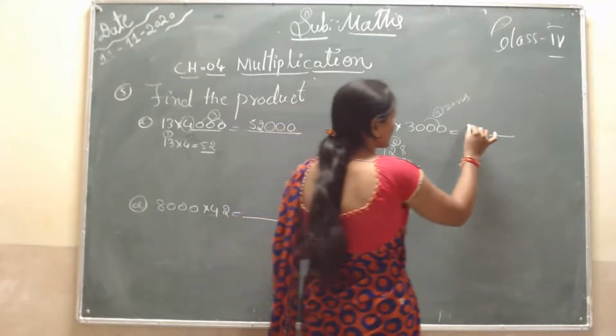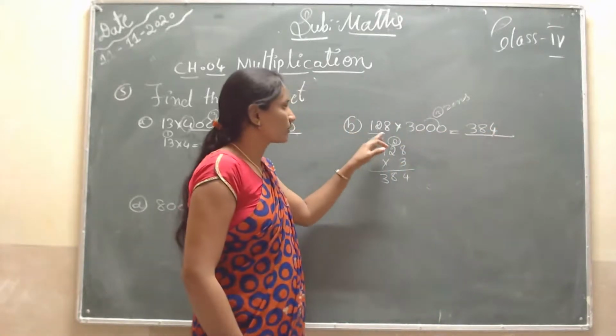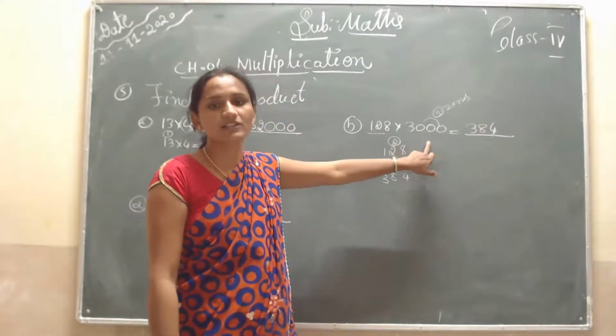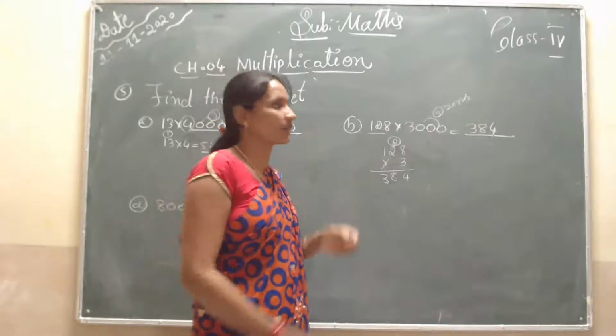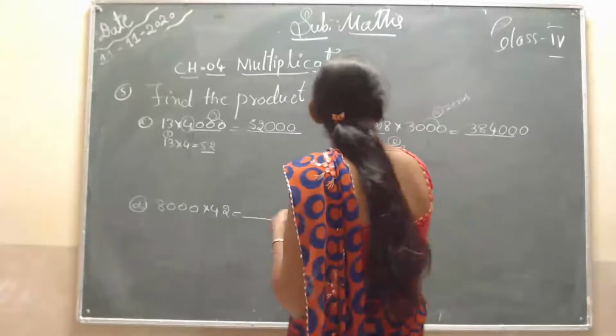Students, what is that? 384. 128 into 3, what is the product? 384. Students, how many zeros are left here? 3 zeros. So you have to write 3 zeros here. That is the answer: 3,84,000.